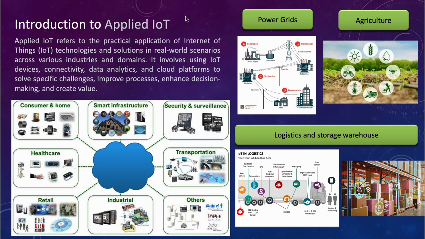And we talked about in the example how that is valuable for different industries in different ways. So that means data analytics will be done on cloud platforms to solve specific challenges, improve processes, enhance decision making, and create value.